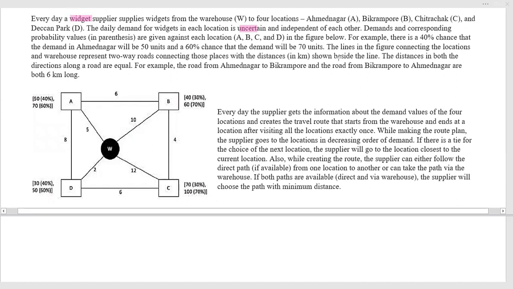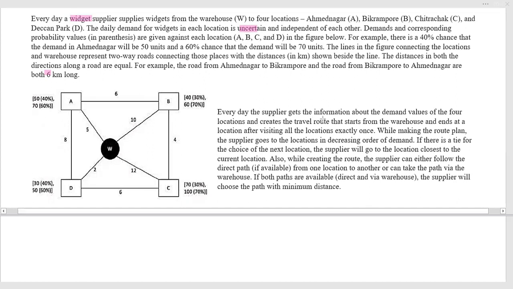Finally, there are some lines connecting these locations, and on each line there is some number, and the number is actually the distance. In one example it has been given that B to Ahmednagar is 6 kilometers, and that is the 6 kilometers it is showing here.